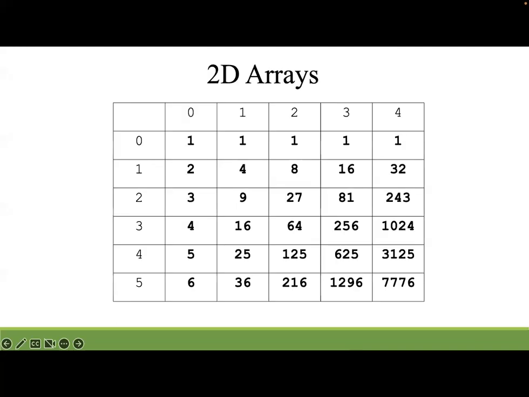Okay, so like I was saying, we can think of 2D arrays as arrays of arrays, but you can also think of them as a table where, just like before, we have 0 indexing. So here we have 6 rows and 5 columns. The rows will go from indices 0 to 5, and the columns will go from indices 0 to 4.